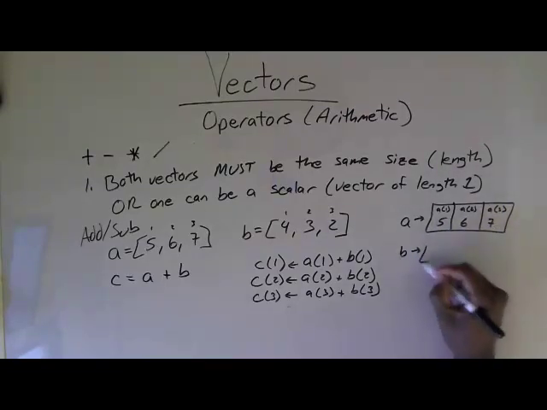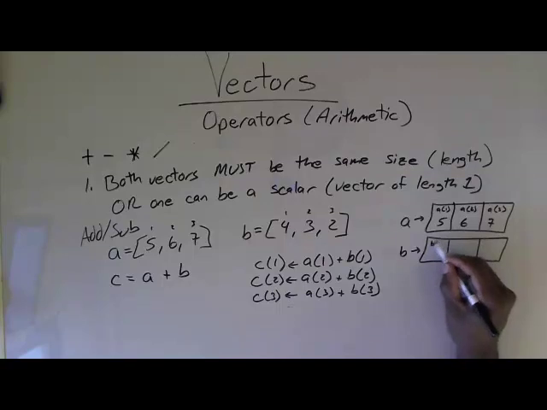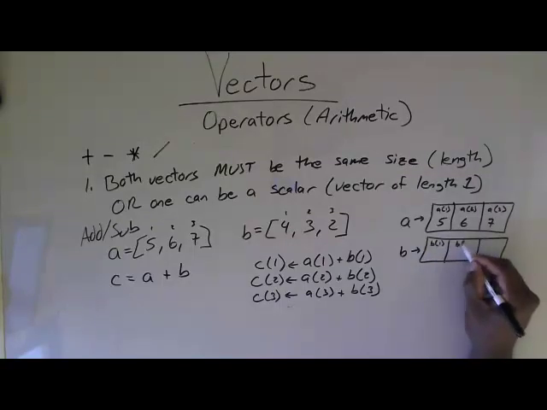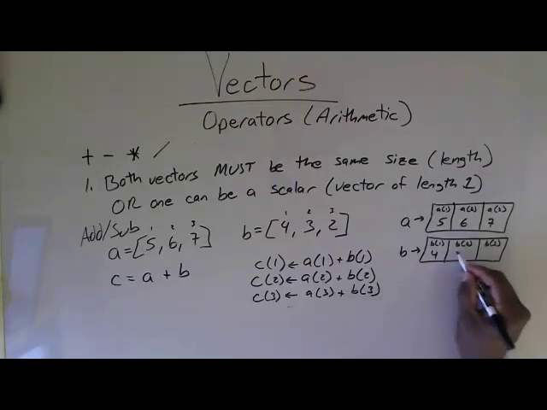And this is vector B in memory: B sub 1, B sub 2, B sub 3, with values 4, 3, and 2.